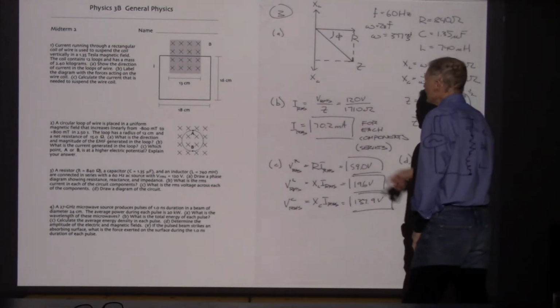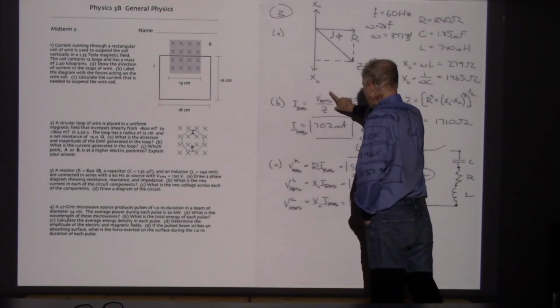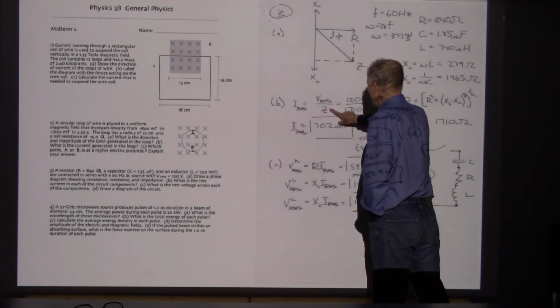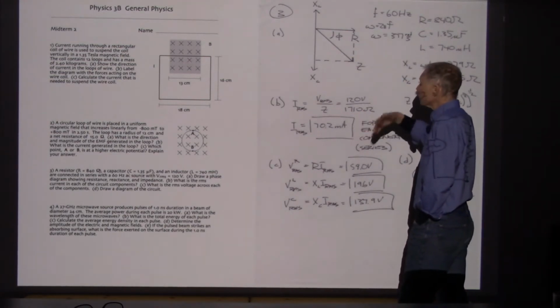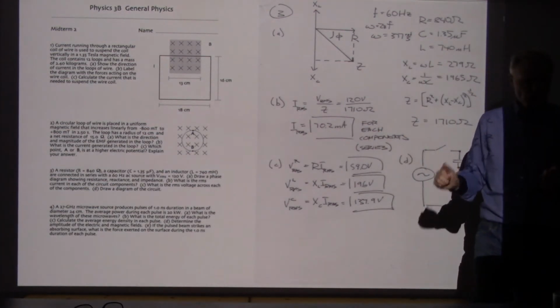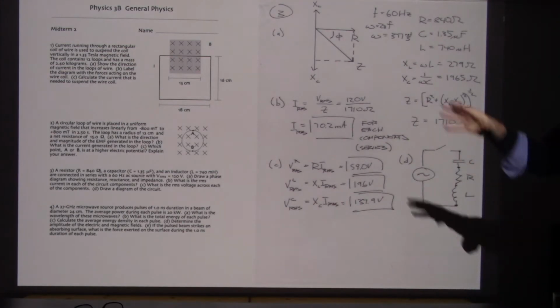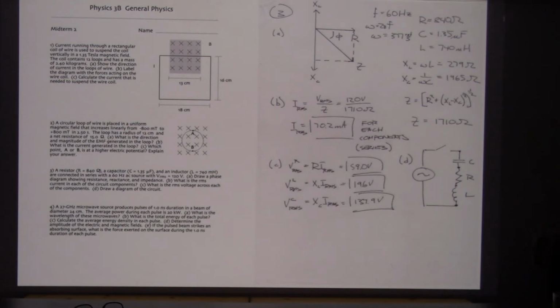What we can do now to calculate the net current is to take the voltage, divide through by the impedance, and that will give us the current. So for AC circuits, we have to take into account all sources of resistance: the resistors, the capacitors, the inductors, combine them all together.